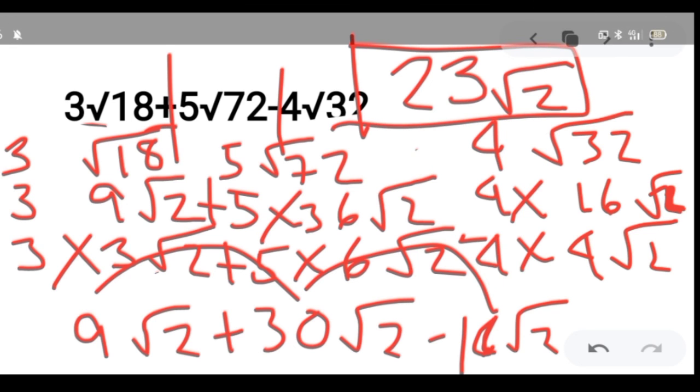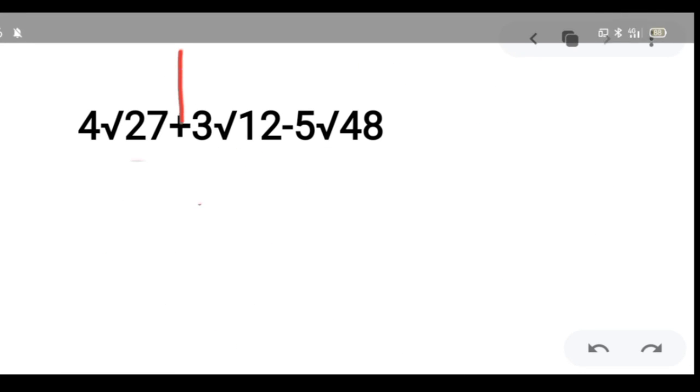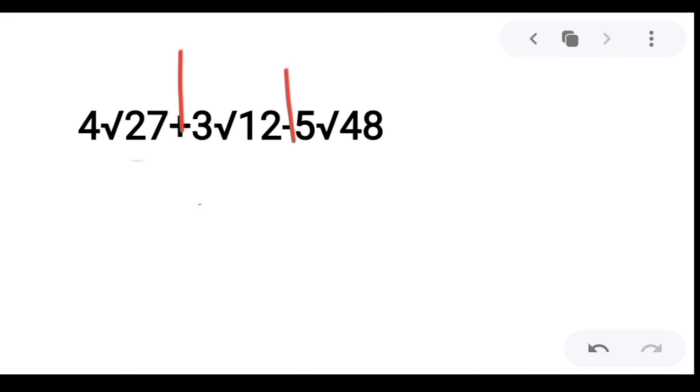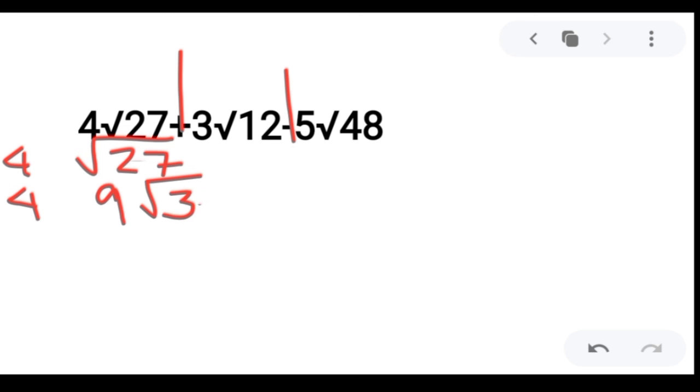Sa unang given, unang gawin natin, gawa tayo ng layer. Tatlong layer. Ihiwalay natin ng 4, square root of 27 is imperfect square. So 4. Anong number pwede mo i-multiply sa pinaka-small? 9 times 3. 9 times 3 is 27.